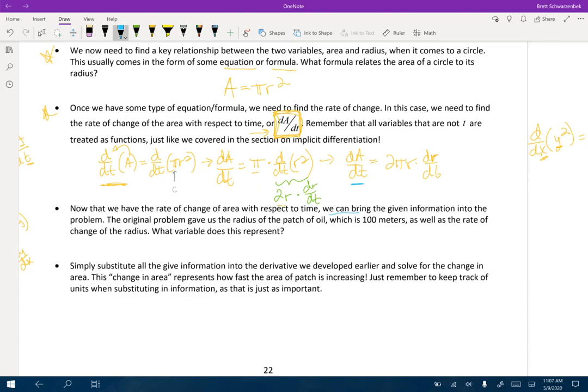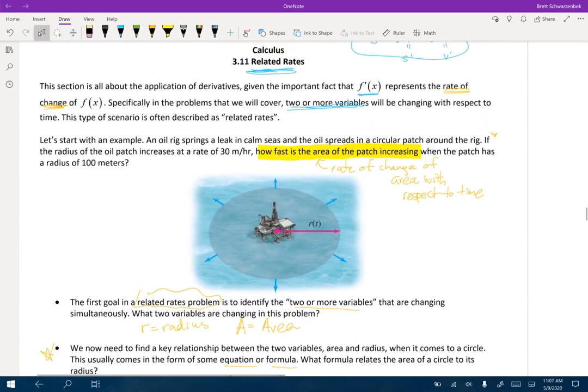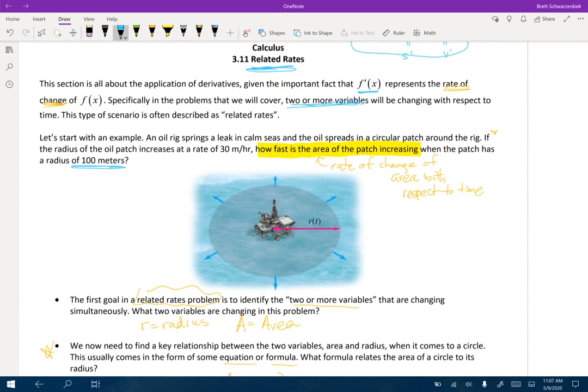The original problem gave us the radius of the patch of oil, which is 100 meters, right? So note the radius is right here, just r, as well as the rate of change of radius. Remember, it gave us the radius is 100, but it also gave you the rate at which the radius increases, which is 30 meters per hour.